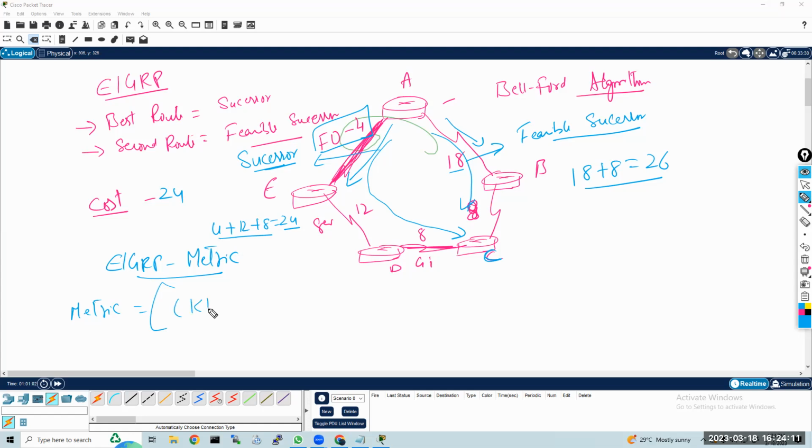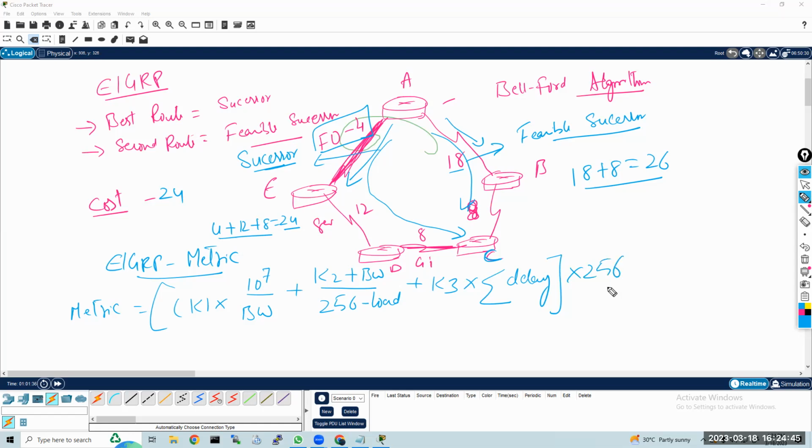That is K1 into 10 to the power of 7, divided by your bandwidth, plus K2 into bandwidth divided by 256 minus load, plus K3 into delay, into 256. This is how EIGRP is going to calculate the metric.